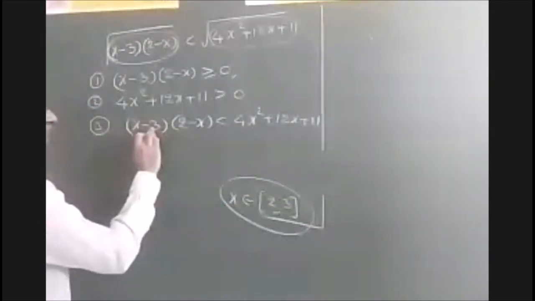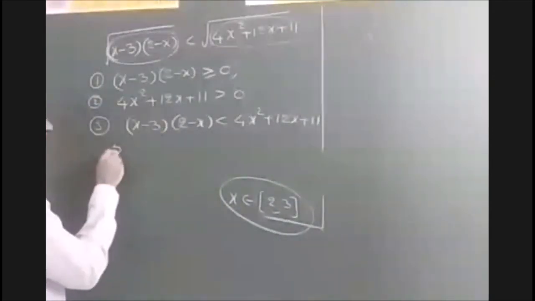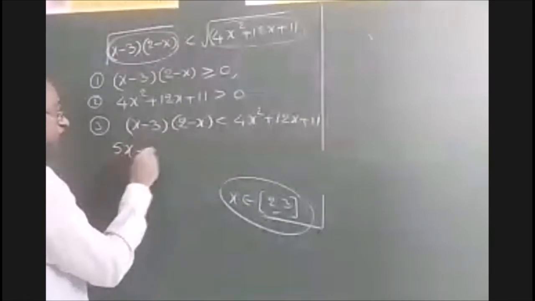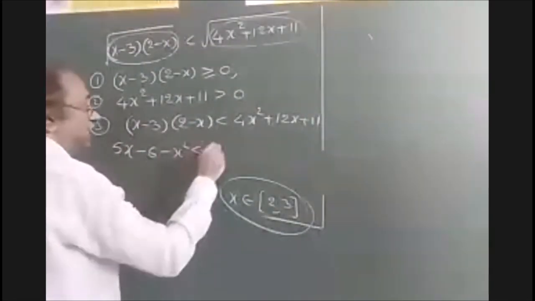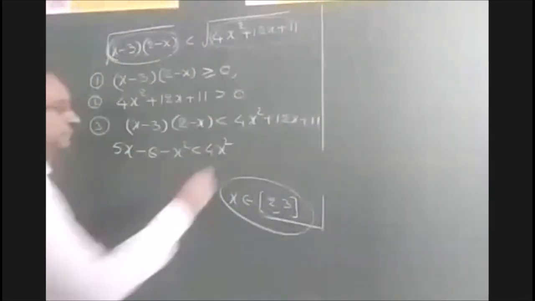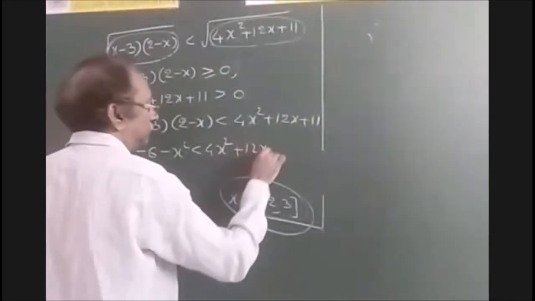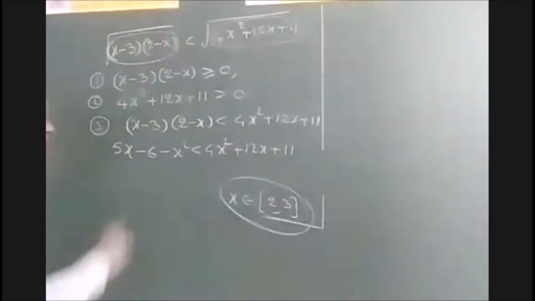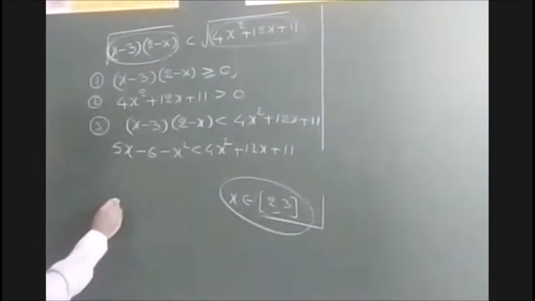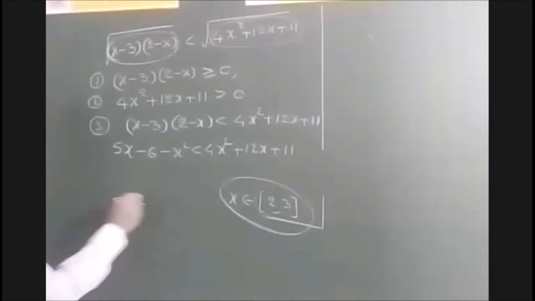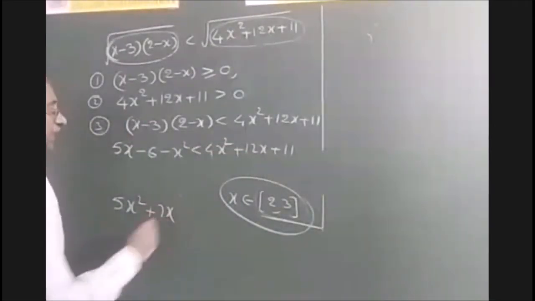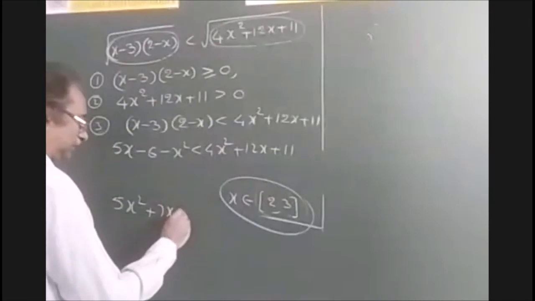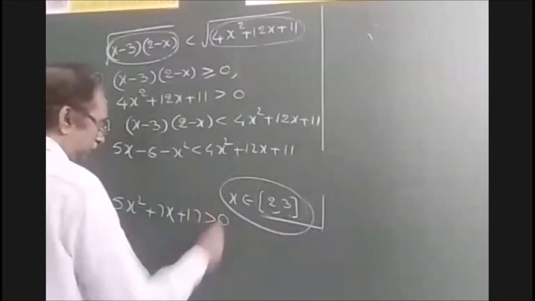This is 2x plus 3x, that is 5x minus 6, and minus x square less than 4x square plus 12x plus 11. So 4x square plus x square, 5x square, 12x minus 5x, 7x plus 6 plus 11, that is 17, greater than 0.